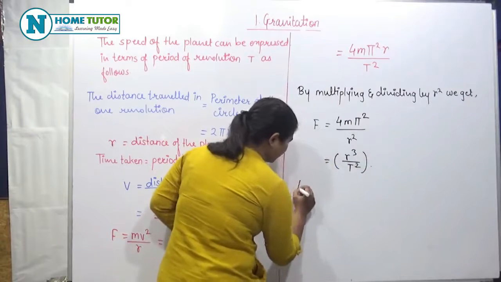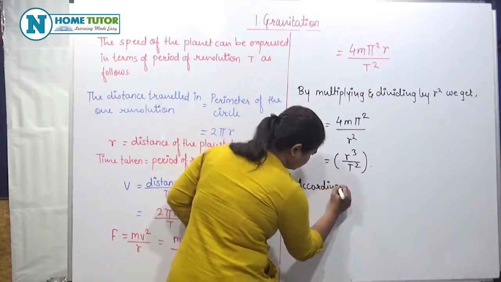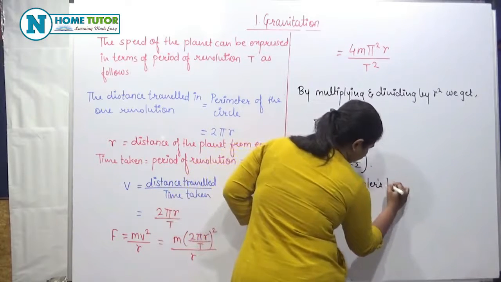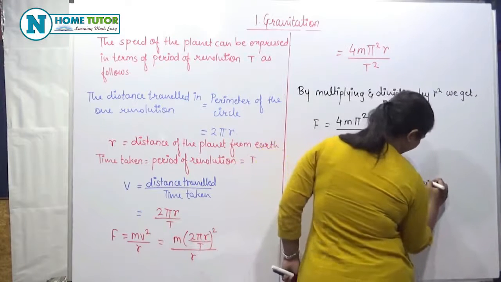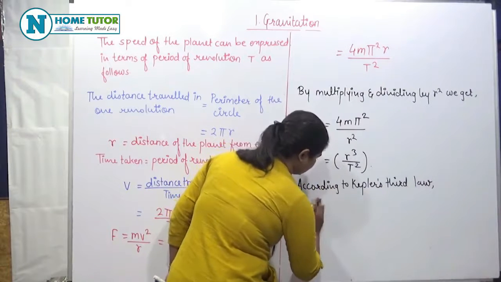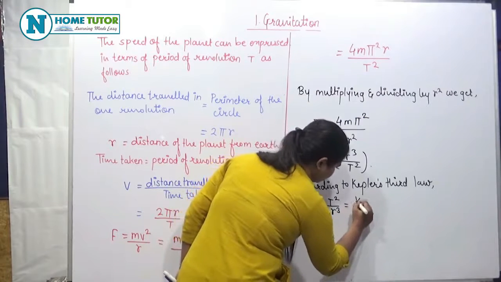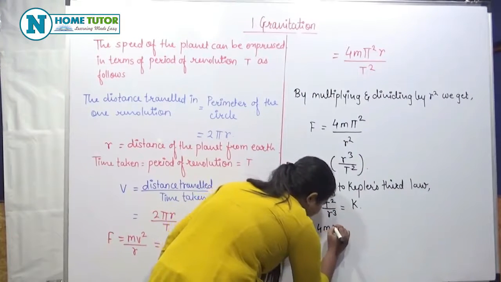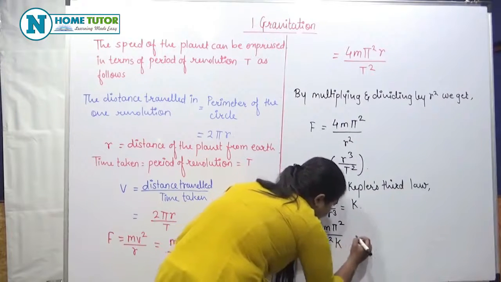Now, according to Kepler's third law, t square upon r cube is equal to k. So F is equal to 4m pi square upon r square k.